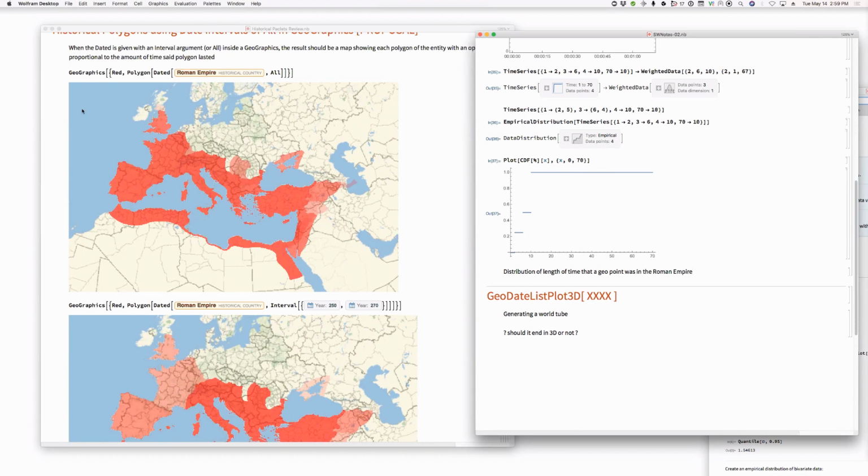This is like a bivariate distribution as a function of lat long, just like a bivariate Gaussian. One question would be: how similar is the growth of the Roman Empire to a Gaussian or something?